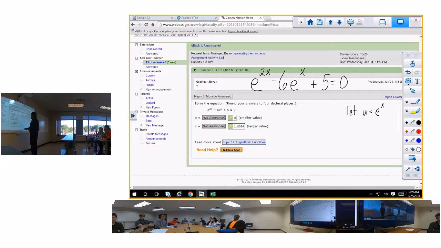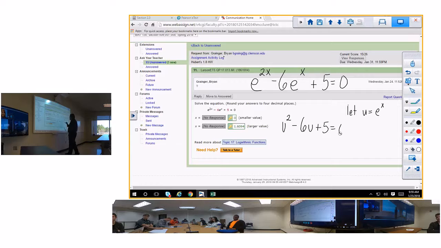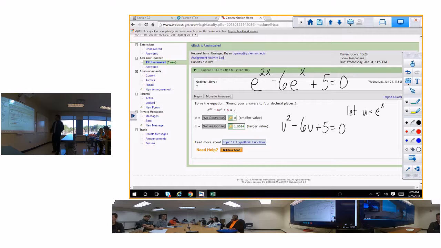All right, so that's u to the second power minus 6u plus 5 is equal to 0. Now, to save time, I'm just going to use the reverse FOIL. So that's going to be a u and a u. There's no multiple of 5 except for 1.